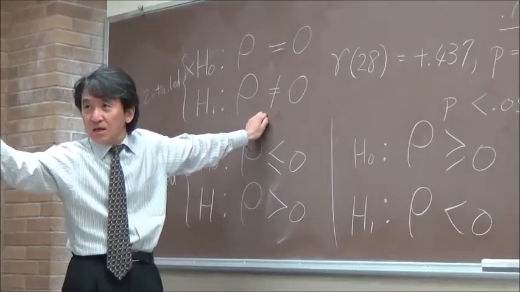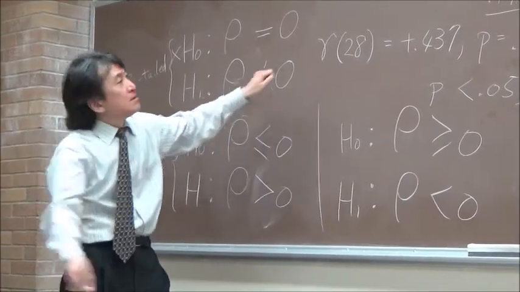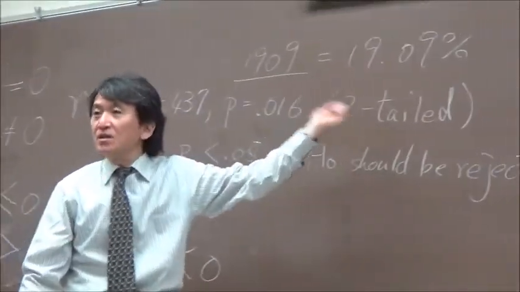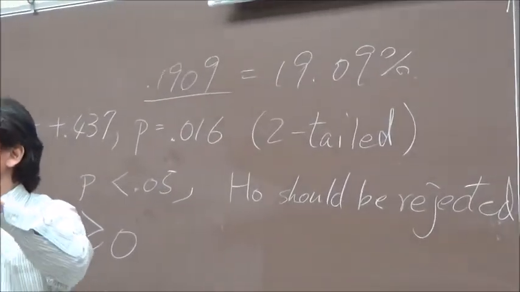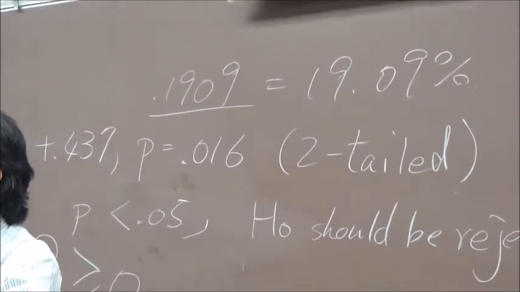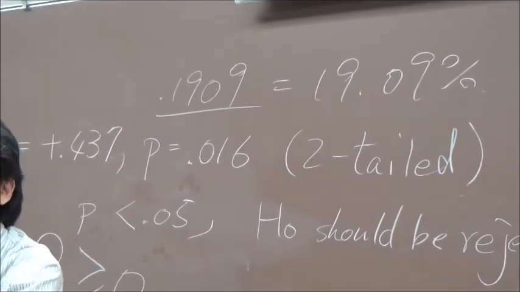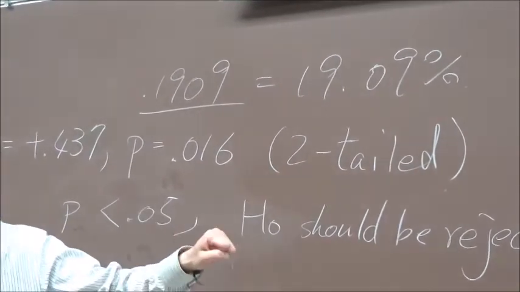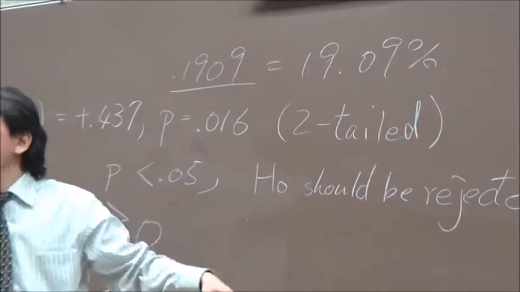And then, as Hannah said, 19.09% of variance in the quality of parent-child relationship is explained by the quality of marriage. Exactly.